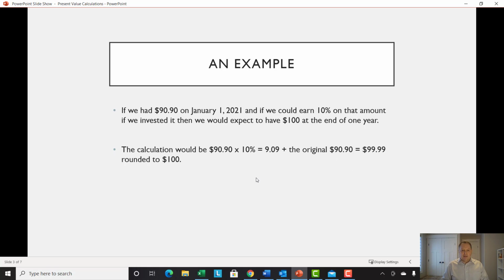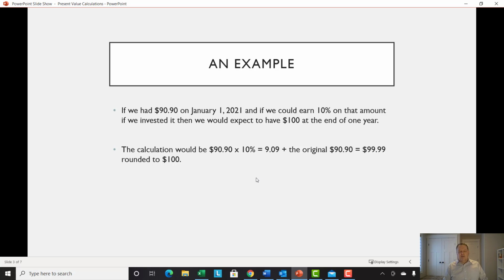So let's try an example. If we had $90.90 on January 1st of 2021, and if we could earn 10% on that $90.90 if we invested it, then we would expect to have $100 at the end of 1 year. The calculation, just to show you, is $90.90 times 10%, which is equal to another $9.09.